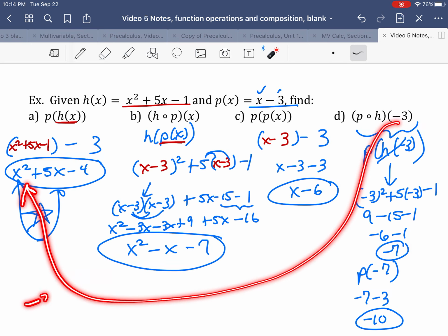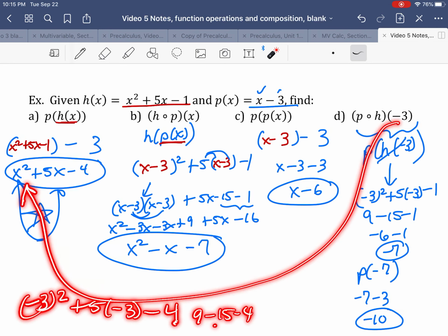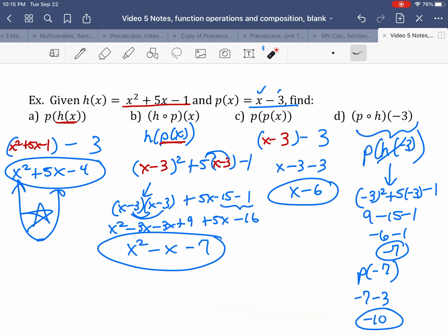So it would be negative 3 squared plus 5 times negative 3 minus 4. All right, so let me hold on to that. I would get 9 minus 15 minus 4. So 9 minus 15 is negative 6, and negative 6 minus 4 is negative 10. So same thing.